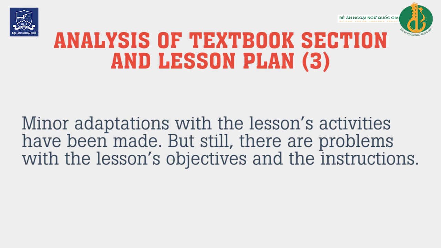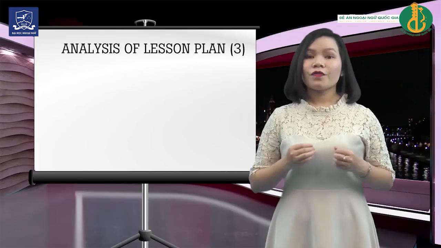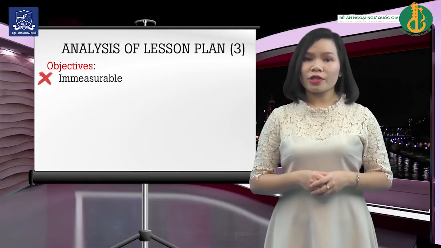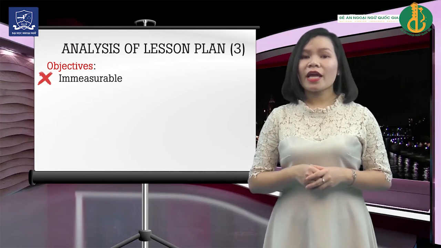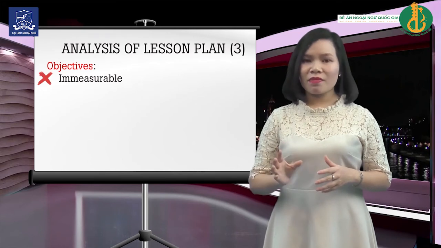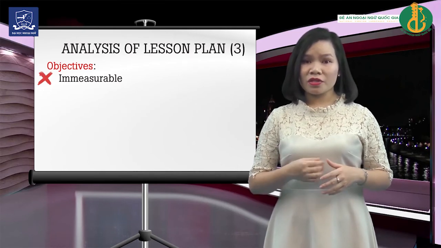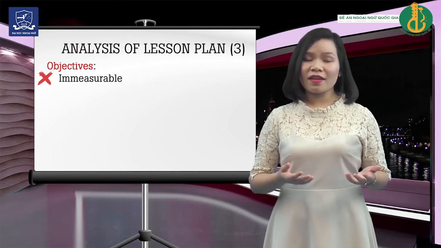I guess by now you have found the problems with the objectives and instructions. First, in terms of objectives, the teacher here has made a typical mistake when writing an immeasurable objective. How can the teacher know that the students have understood something?